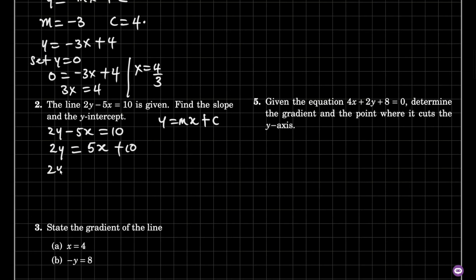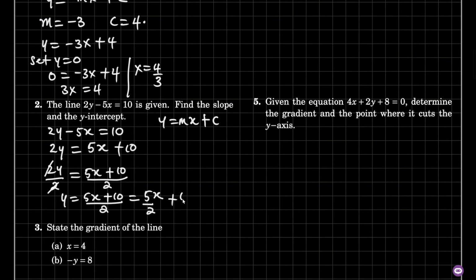So you have 2y divided by 2 is equal to 5x plus 10 divided by 2. This 2 divides this 2, and y is equal to 5x plus 10 divided by 2. Remember that this can be split into 5x divided by 2 plus 10 divided by 2. So we have 5x over 2 plus 5.